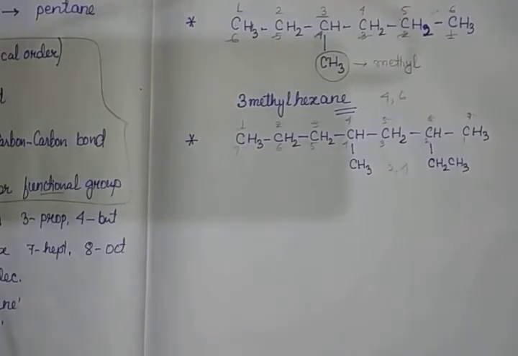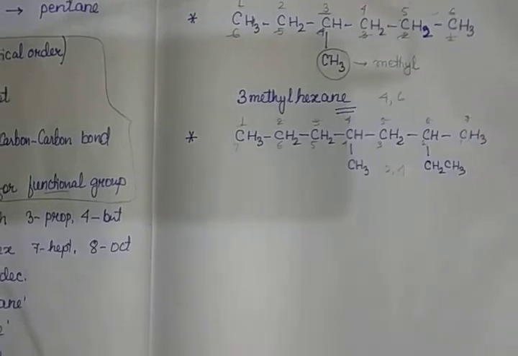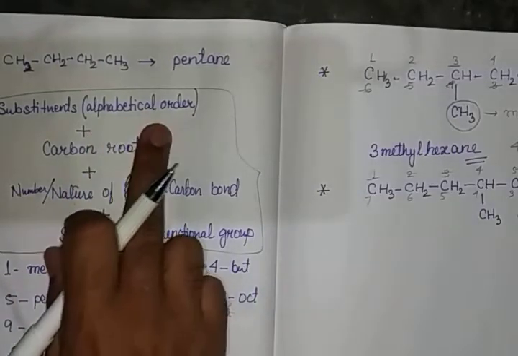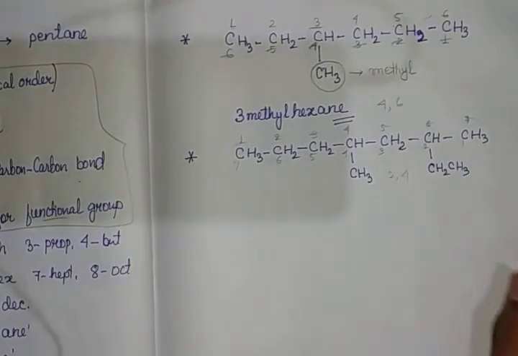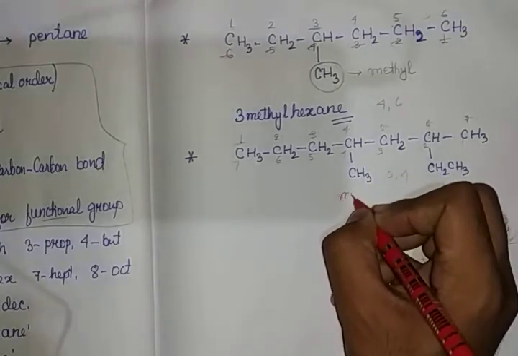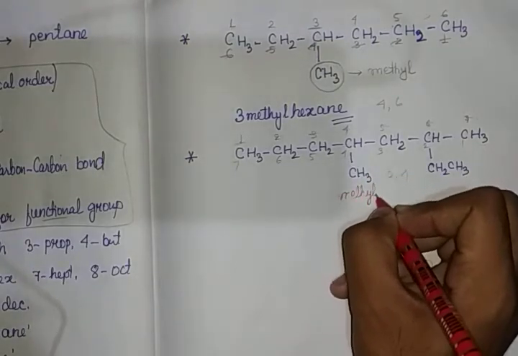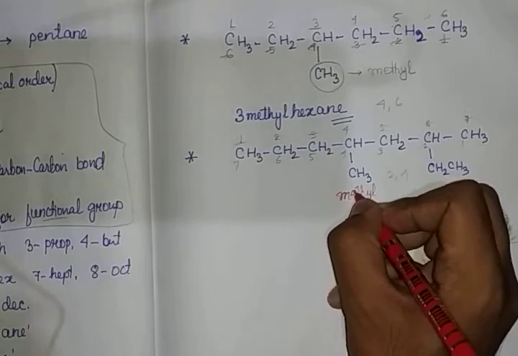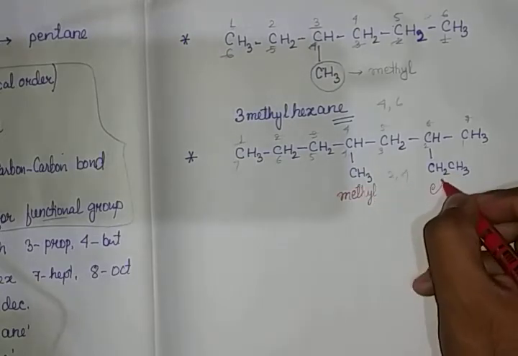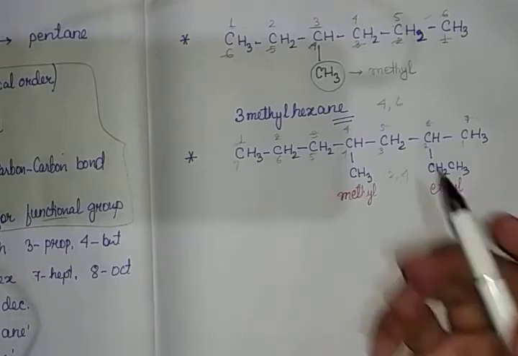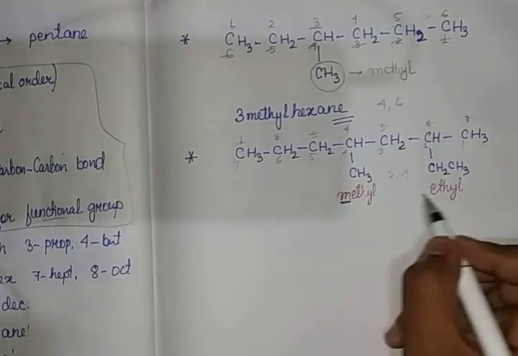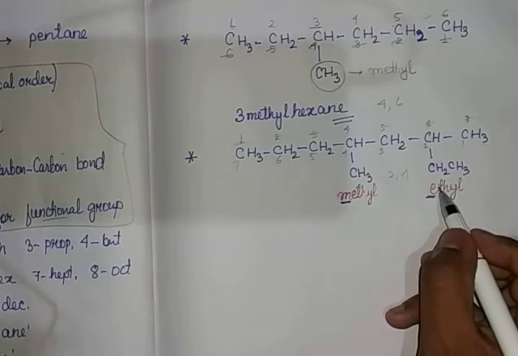Now, what was said? That the substituents we have to write in alphabetical order. And in alphabetical order, the name for this one is methyl. This is methyl. And this is ethyl. Now alphabetical order. In the alphabetical order, M and E, which come first? E comes first.